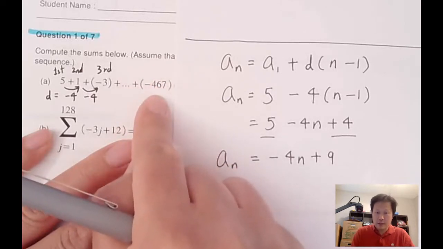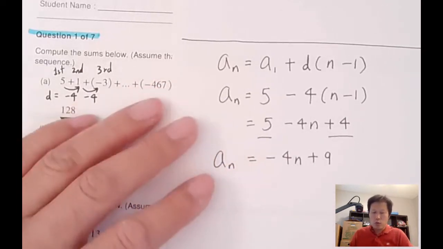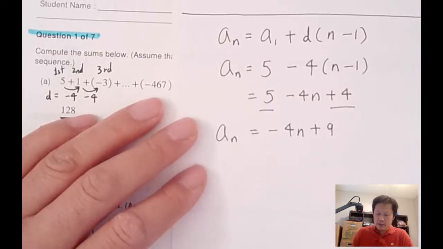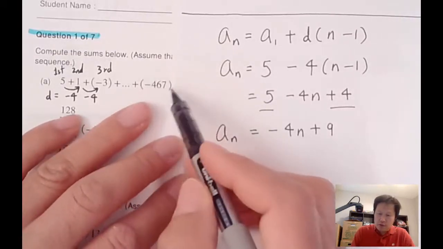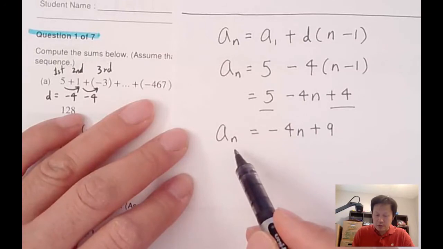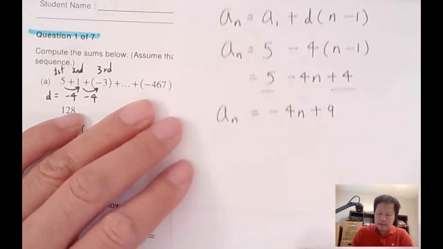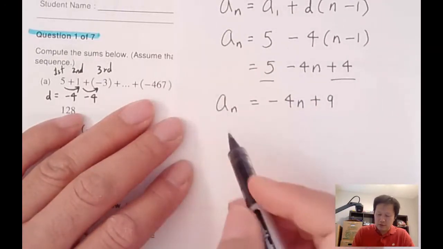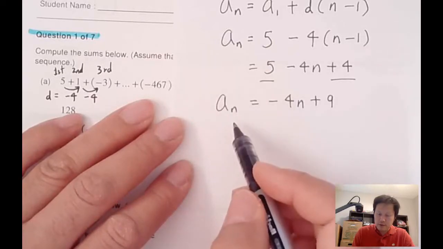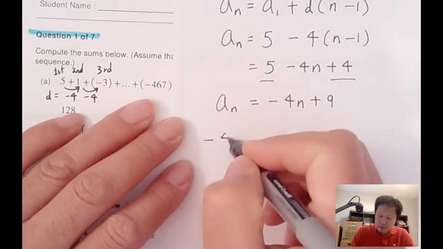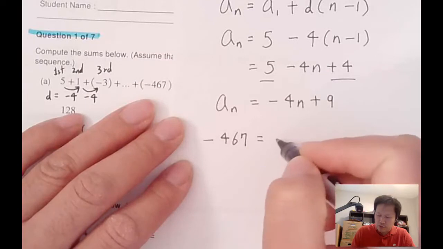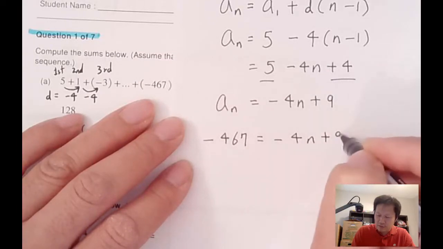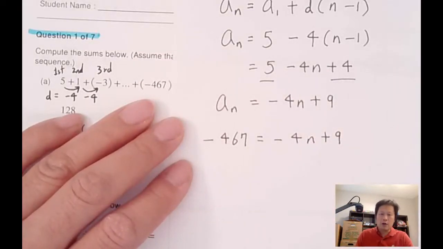We don't know what the value of n is, but we do know the value of the term, which is a sub n. So we plug in minus 467 as the value of a sub n. So minus 467 equal to minus 4n plus 9. And you're solving for n here.